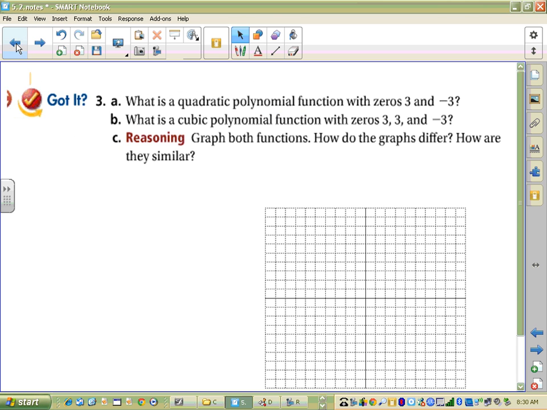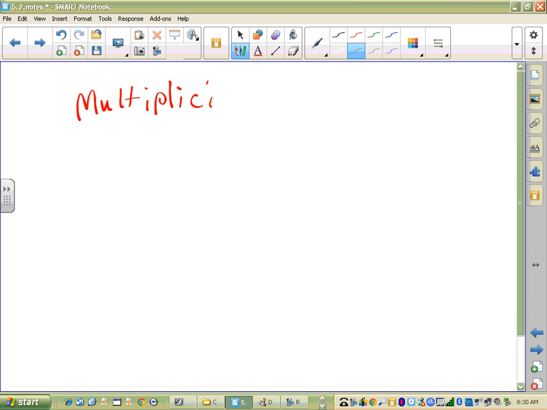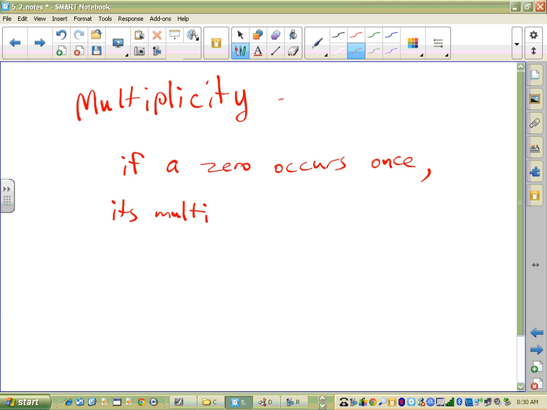So what we need to talk about next, we got about 10 minutes to do that, is multiplicity. I'll say this about multiplicity. If a 0 occurs once, its multiplicity is 1.